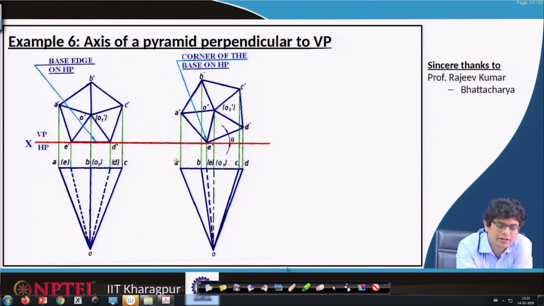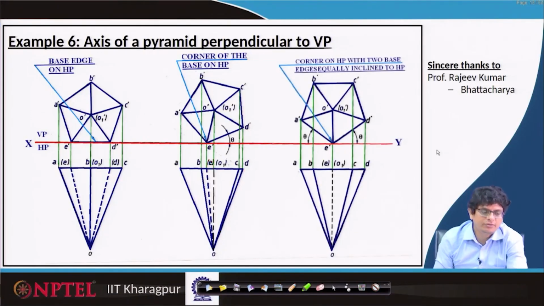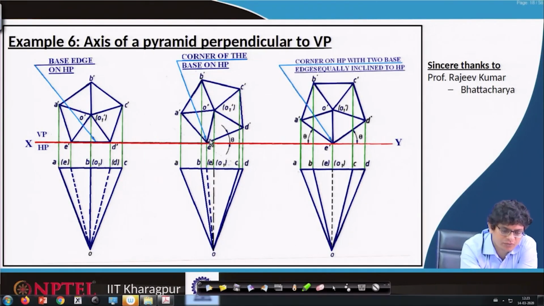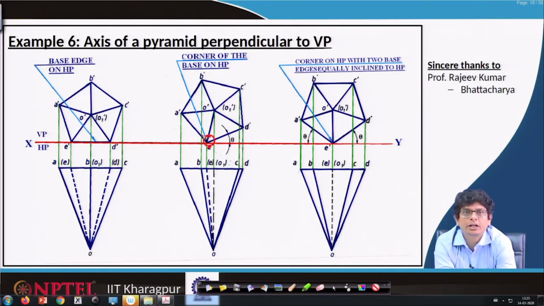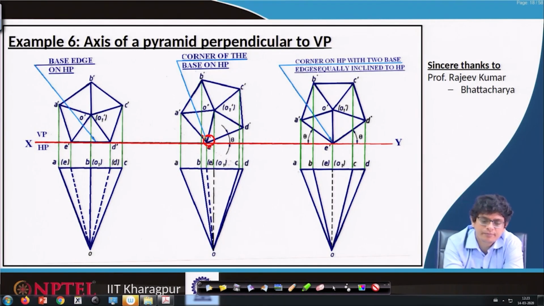If we are looking carefully, A prime to A, D prime to D, C prime to C, B prime to B, and the E prime which is at the bottom of that, which is not visible. So, that is the reason we show it in parenthesis. Similarly, if this E prime point is resting on the horizontal plane, then we will see A, B, C, D points straight away in that top view, and the O point, they will be connected by lines.